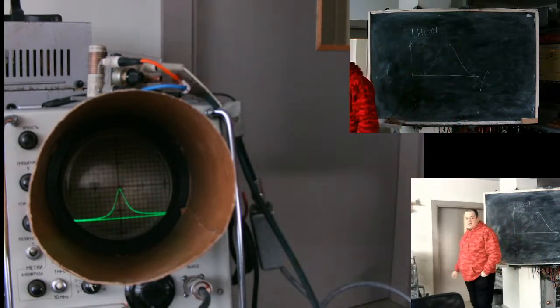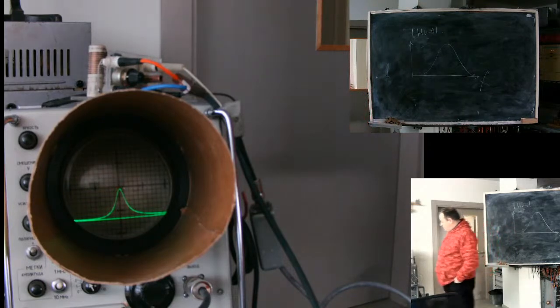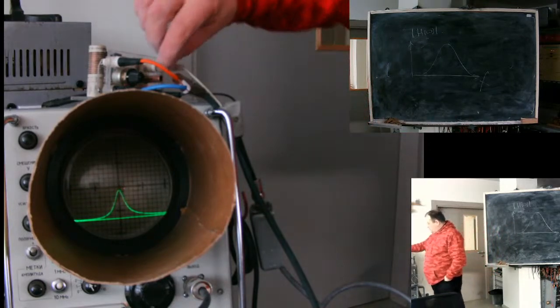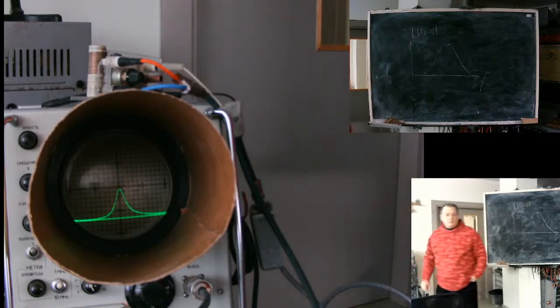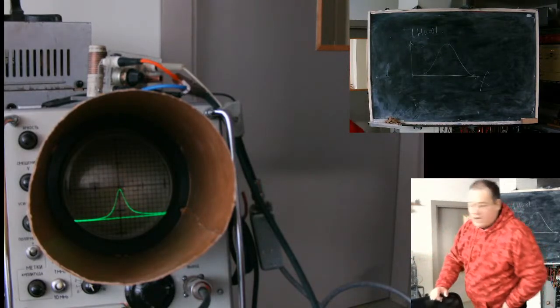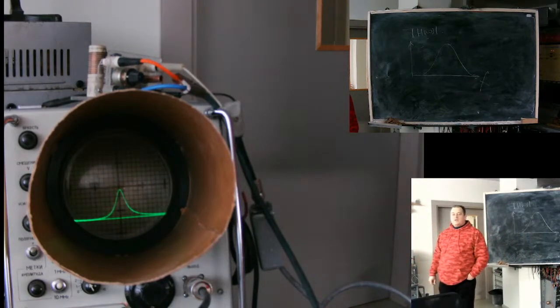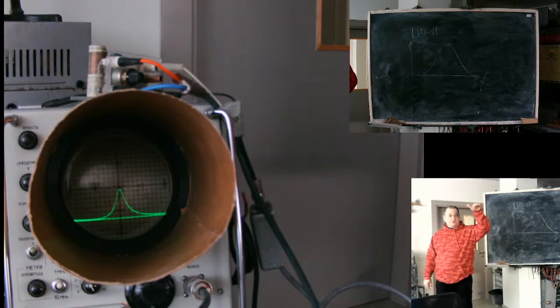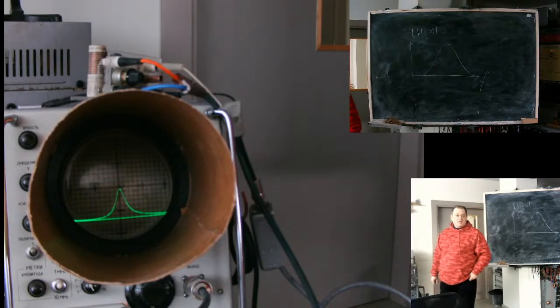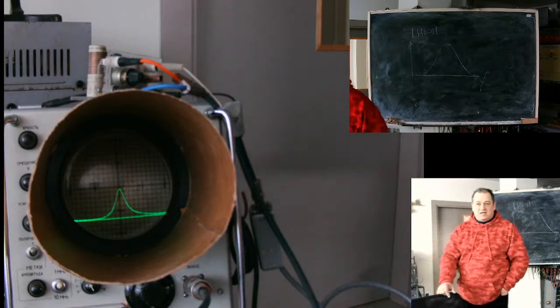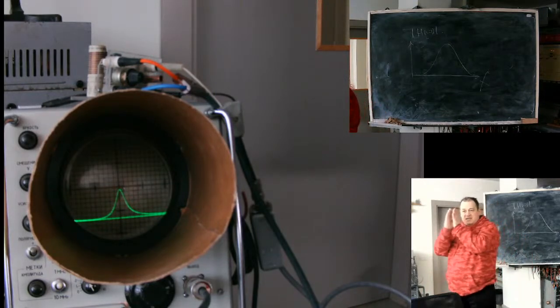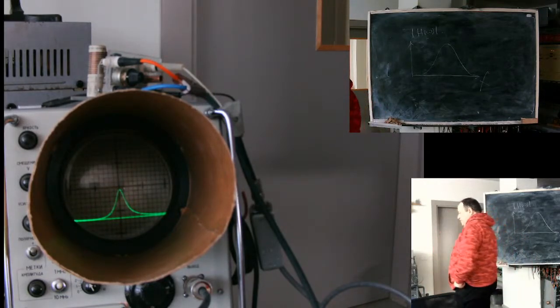And it has the character of a resonance curve. What can we say about such a network? We saw a low pass filter suppressing high frequencies, yes? We saw a high pass filter suppressing low frequencies. This one is a band pass network. It passes a range of frequencies.